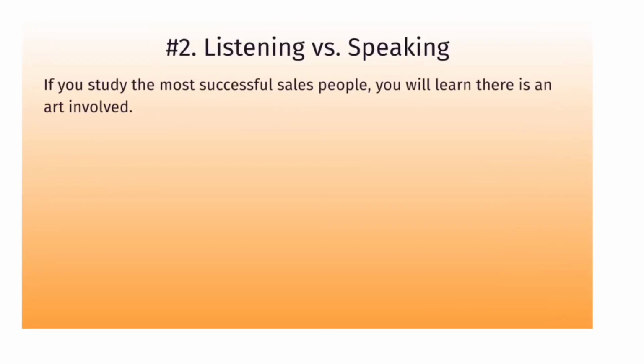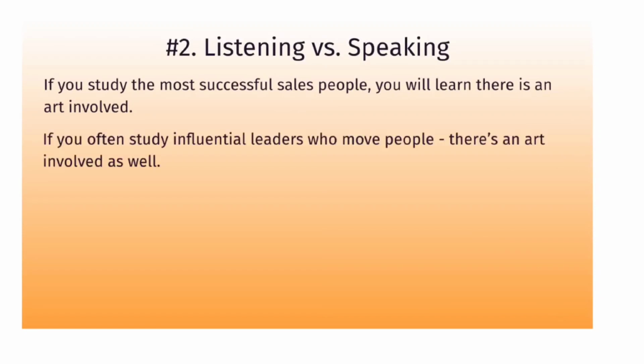Now, if you study the most successful salespeople, you will learn that there is an art involved. And if you study, for example, influential leaders who move people and have people following them, there's an art involved as well. If you think about leaders, there are several different types of leaders, which is what we're talking about here.